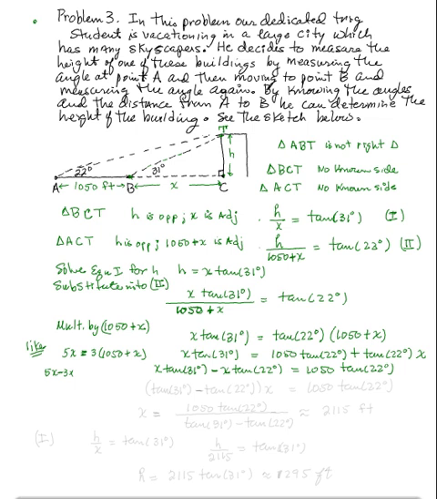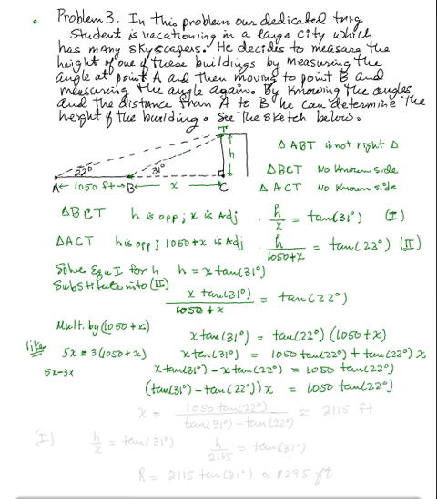Either way, you'll get tangent of 31 degrees minus tangent of 22 degrees, and that's a whole quantity times x, because we factored out the x, and that equals the right-hand side, which I'm going to leave as is.